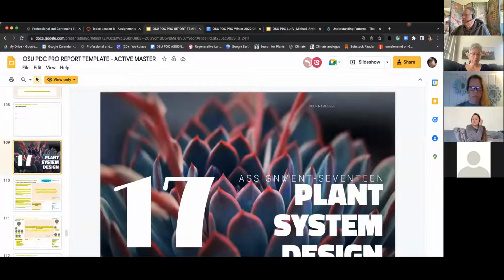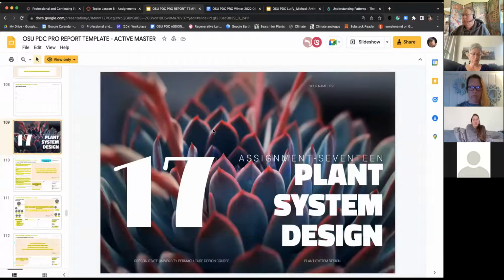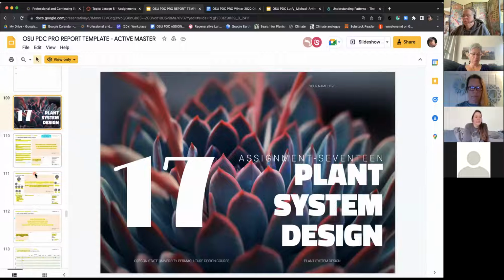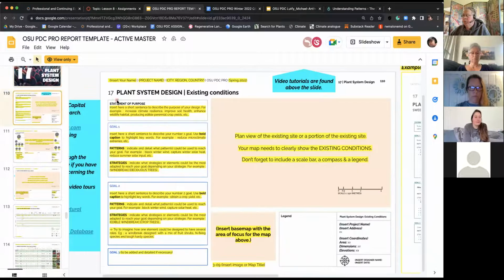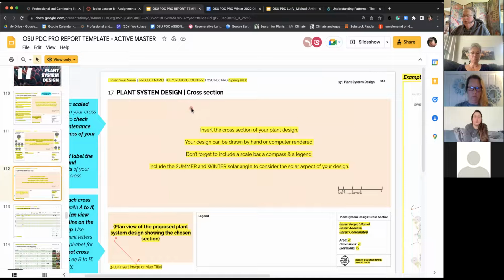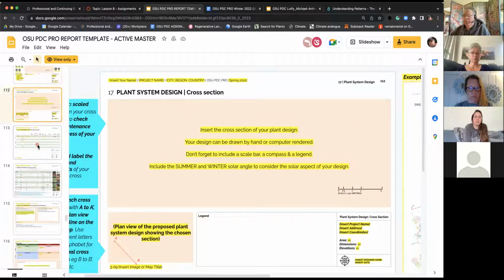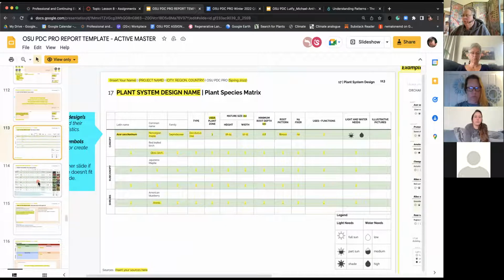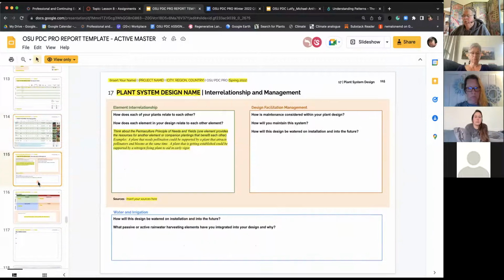If we go to the template file, again, this is set up well to just drop your information in. And again, you may find that doing the cross section here is just easier to do by hand. And then of course, this is all pretty straightforward.